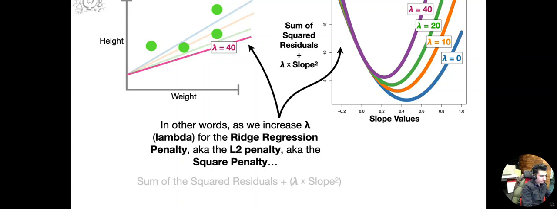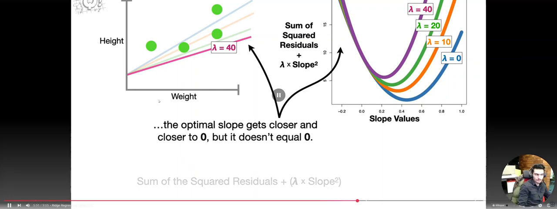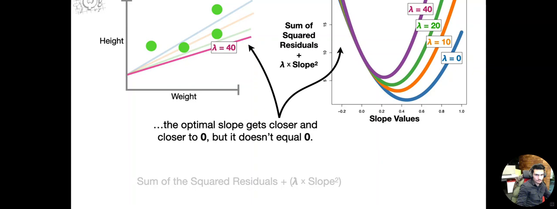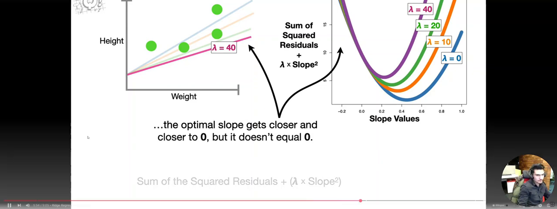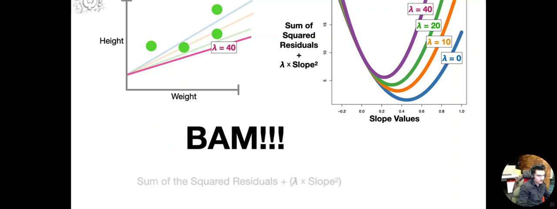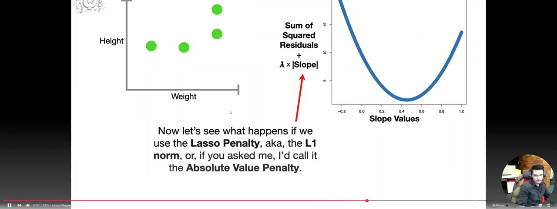In other words, as we increase lambda for the ridge regression penalty, aka the L2 penalty, aka the square penalty, the optimal slope gets closer and closer to 0, but it does not equal 0. Bam!